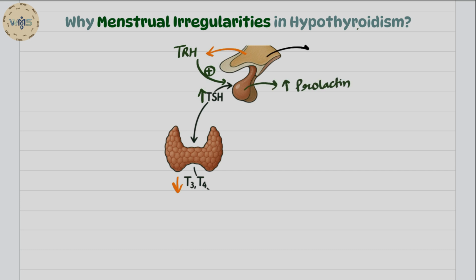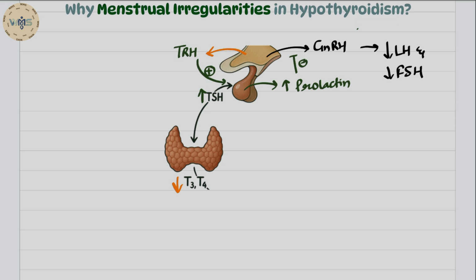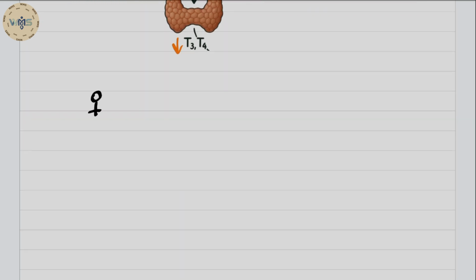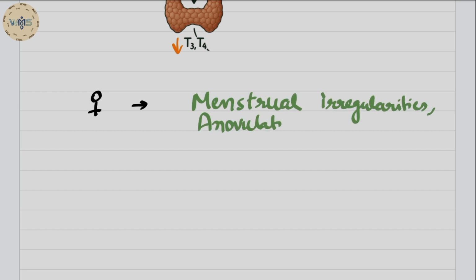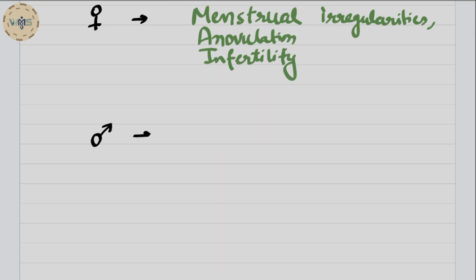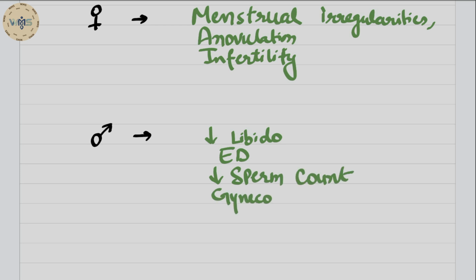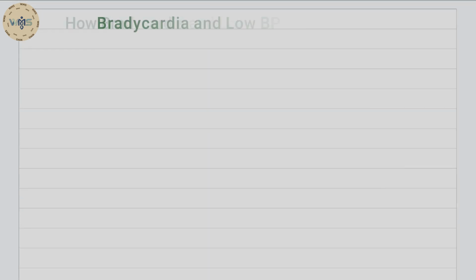This increased prolactin level inhibits GnRH release from the hypothalamus, resulting in decreased LH and FSH levels in the blood. Decreased LH and FSH levels in females result in menstrual irregularities, anovulation, infertility. In males, it causes decreased libido, erectile dysfunction, decreased sperm count, and may lead to gynecomastia.